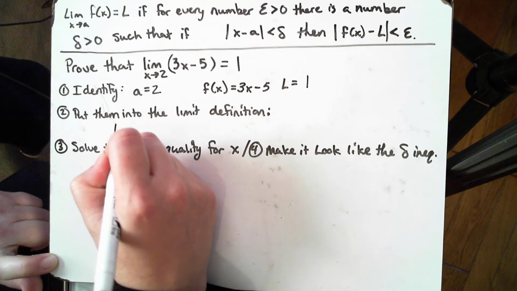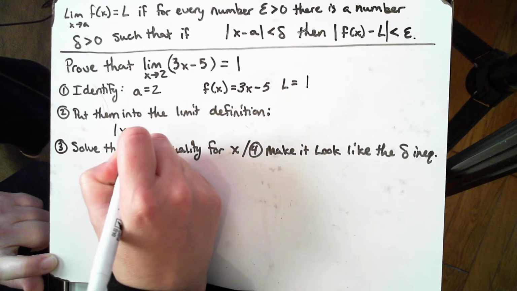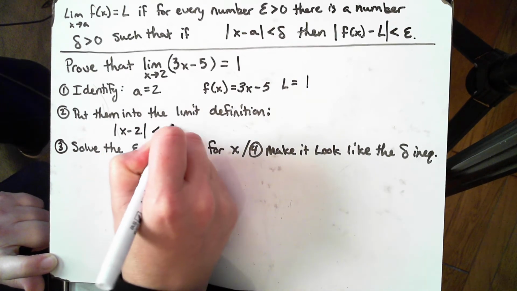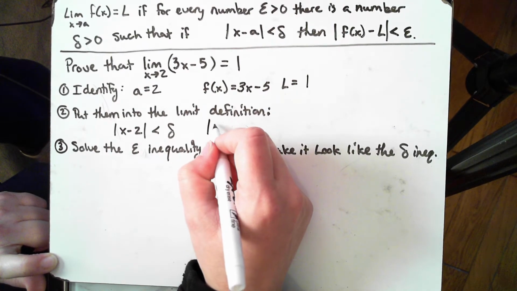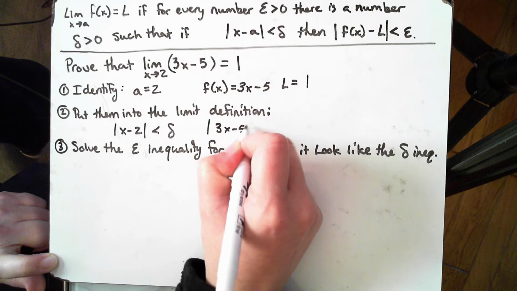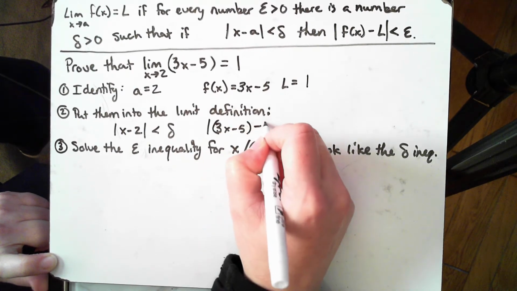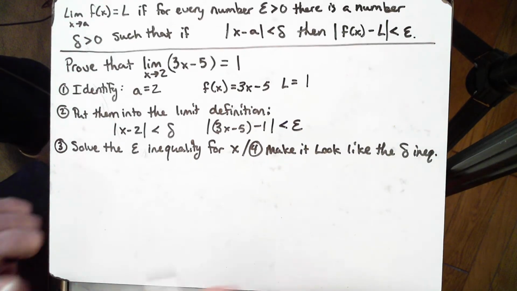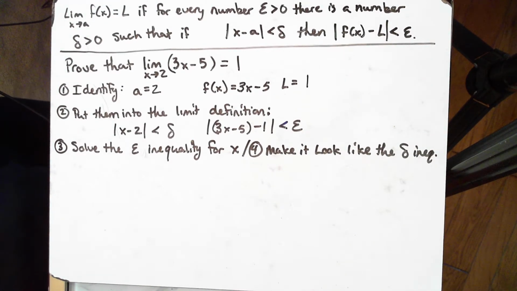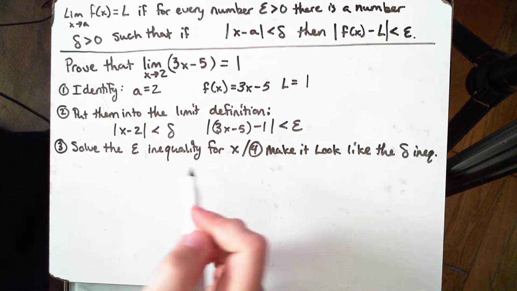Now I'm going to put them into these inequalities. So I have the absolute value of x minus 2 is less than delta, and I have the absolute value of my function, 3x minus 5, minus the limit is less than epsilon. Now we're going to find a value for delta.